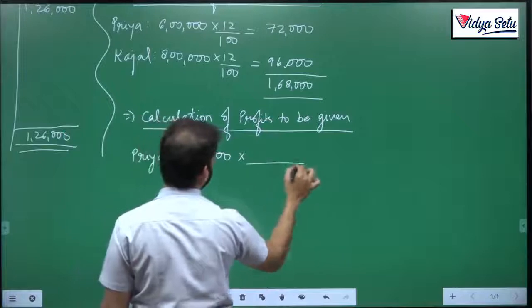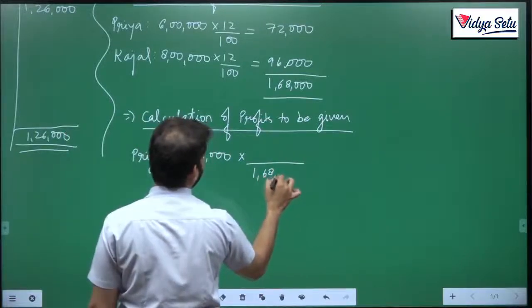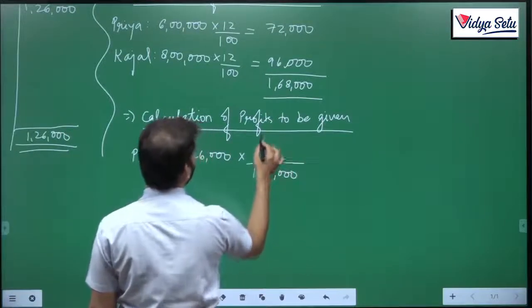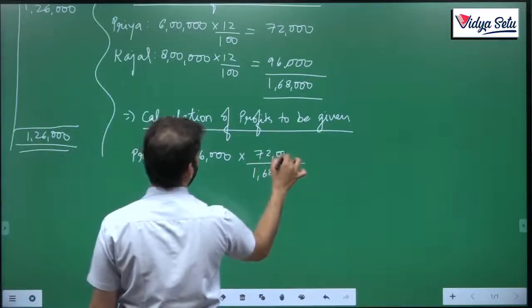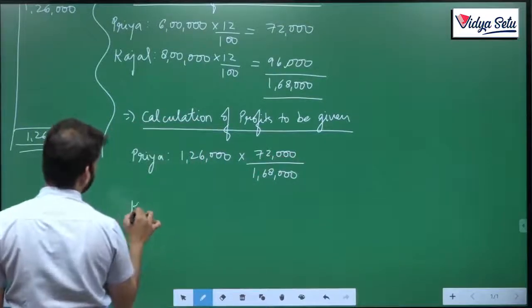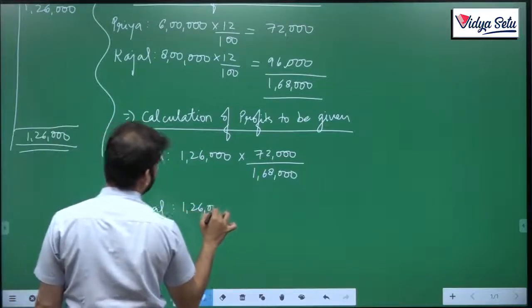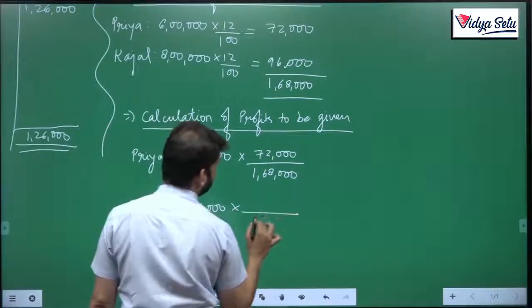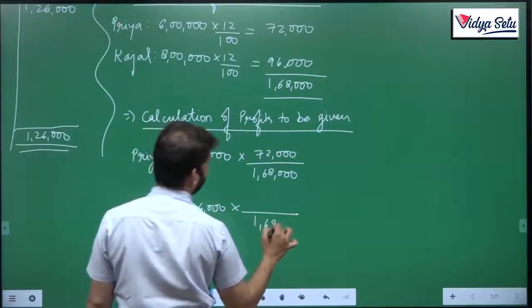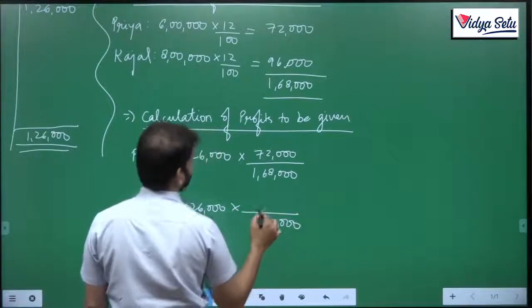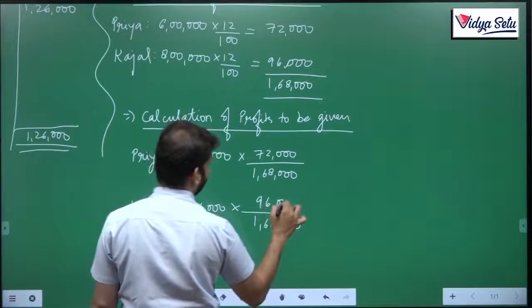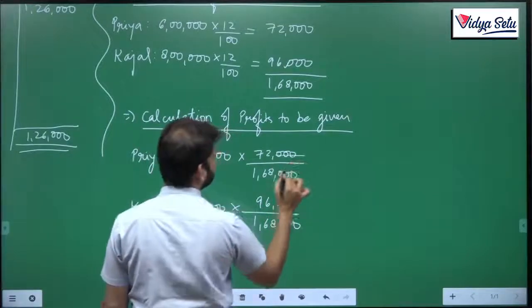The total interest on capital is 1,68,000 upon her share. In the same way, Kajal also 1,26,000 in the ratio of her share in the interest on capital. We solve this.